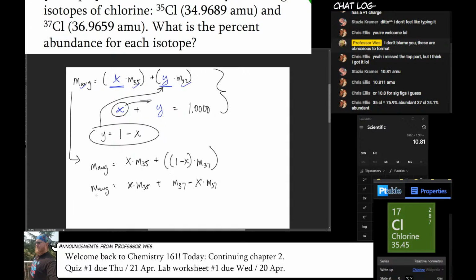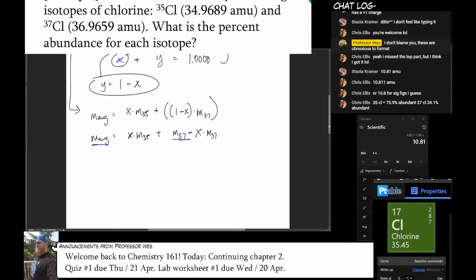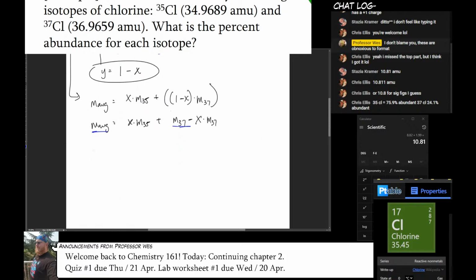I'm going to take all the terms that are just numbers and move them to one side. Everything else can be on the right here. That's not plus, sorry, hold on. I could have left it like that, okay.